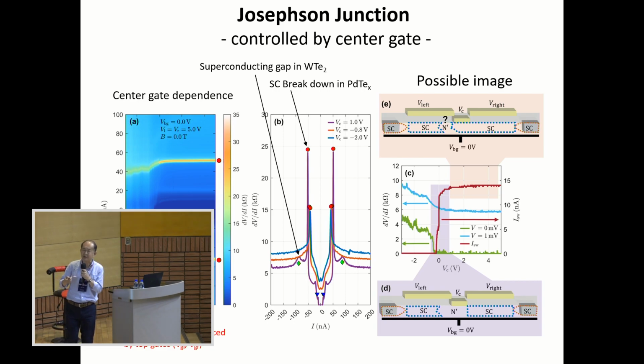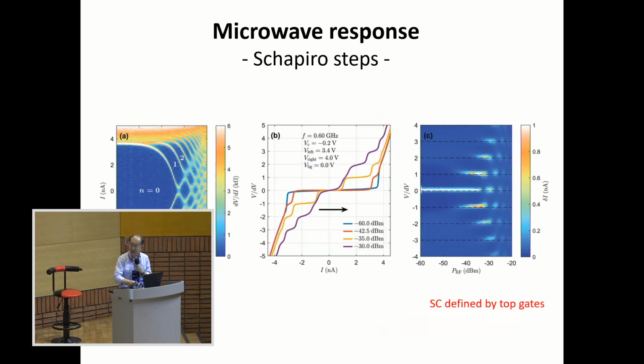And we think this is a Josephson current. To see whether this is really a Josephson junction, we measured the microwave response. As you see, the Shapiro step is observed, and Bessel function type power dependence is also observed.